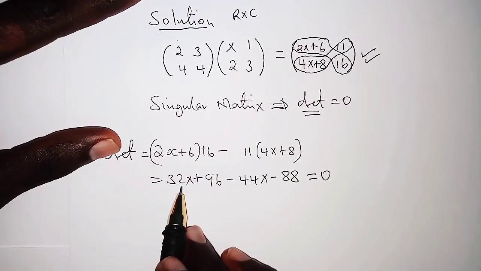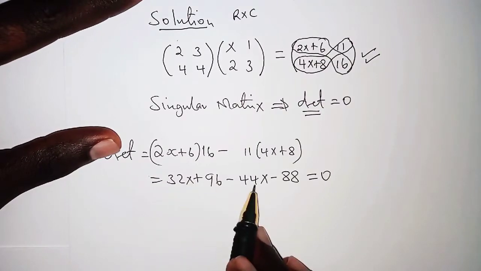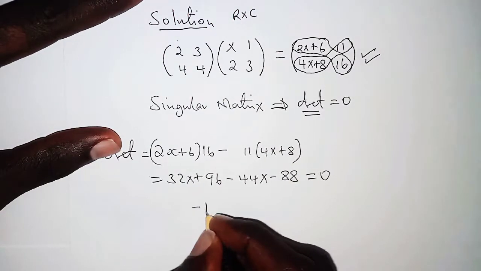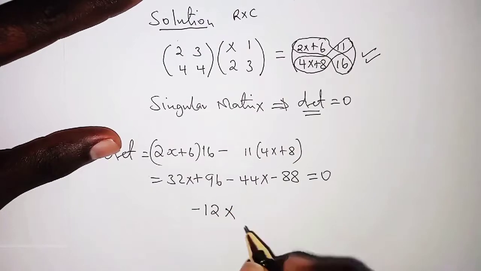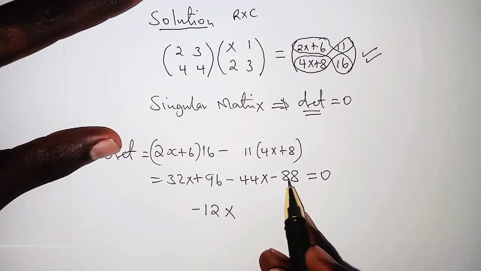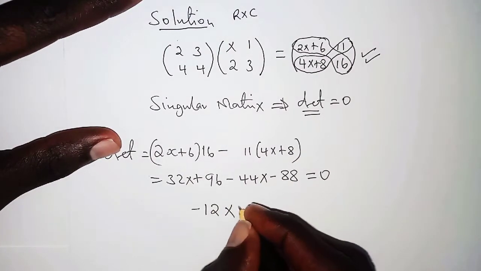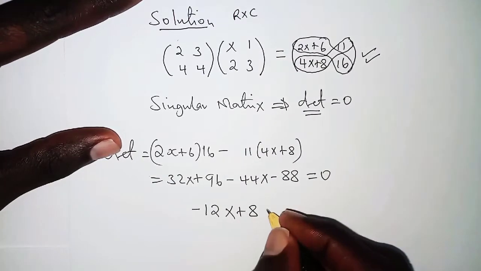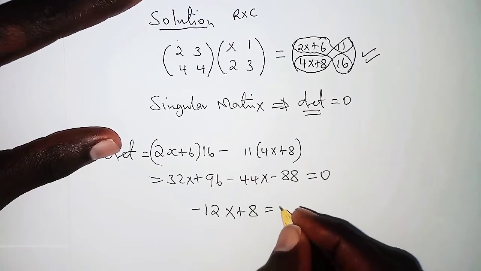Collecting like terms, 32 minus 44 gives negative 12x, and 96 minus 88 gives plus 8. And then we equate that to 0.